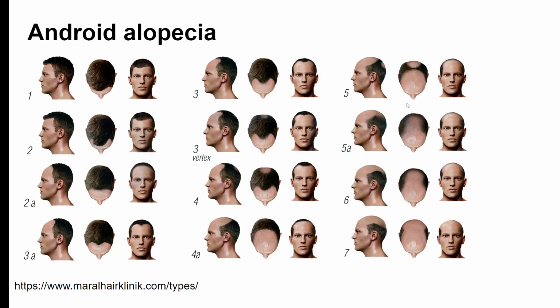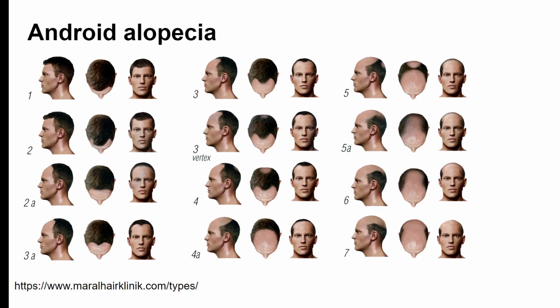These are the typical different patterns of androgenic alopecia which we see, and they are classified with specific numbers like type 1, type 2 and type 2A and so on, depending upon the pattern of the hair loss. And in these conditions, there will never be a recovery of the hair because in androgenic alopecia, the hair follicles are completely destroyed and there will be total atrophy.